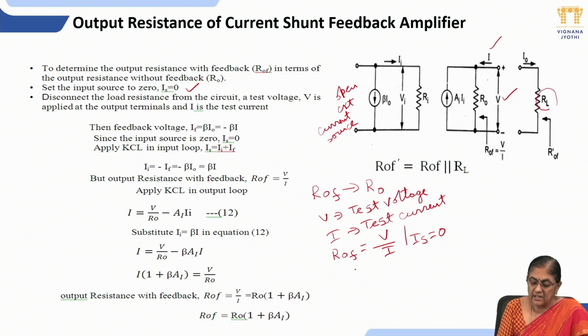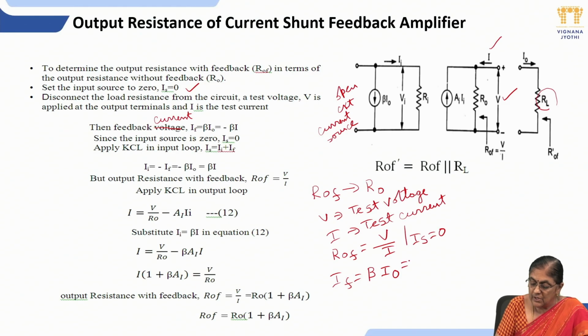So for that, what is feedback current? Feedback current IF is equal to beta I naught. What is the relation between I naught and I? I is flowing from right hand side to left hand side, and I naught is current flowing through the load resistance. So direction of I is opposite to that of I naught.